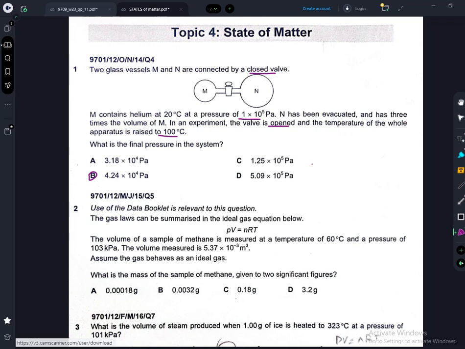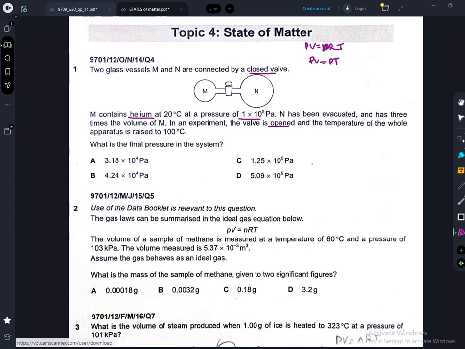Why is that? Now I will show you what you have done and what should be done. So we know PV is equal to nRT. So you ignore n here because the number of moles of helium is going to remain the same. So you can just write PV is equal to RT.